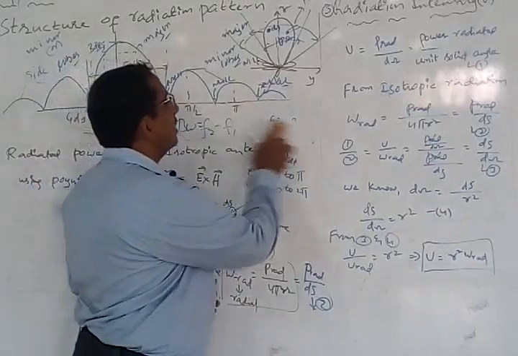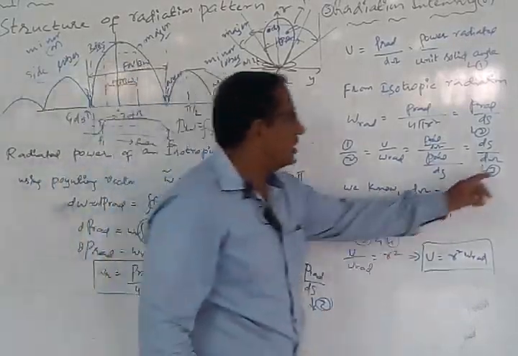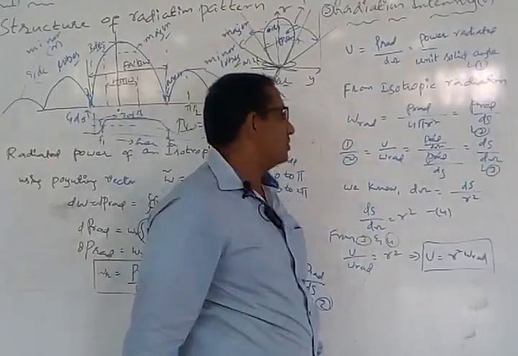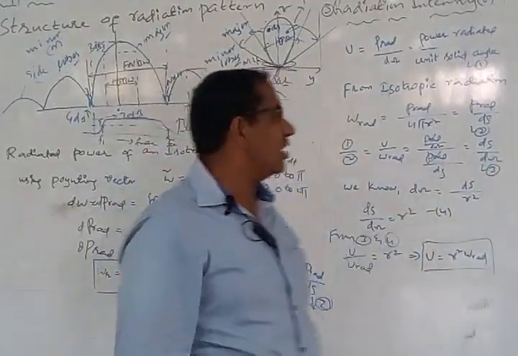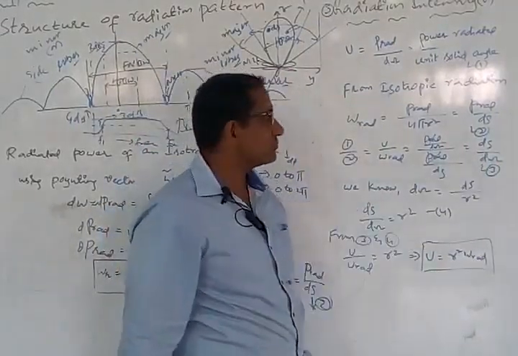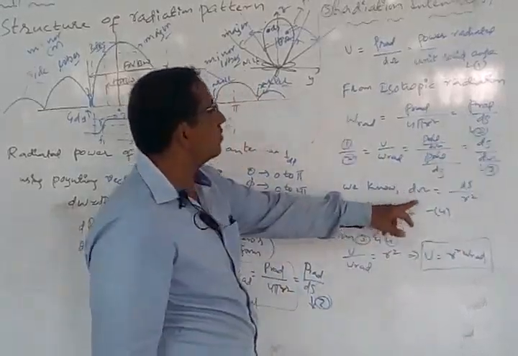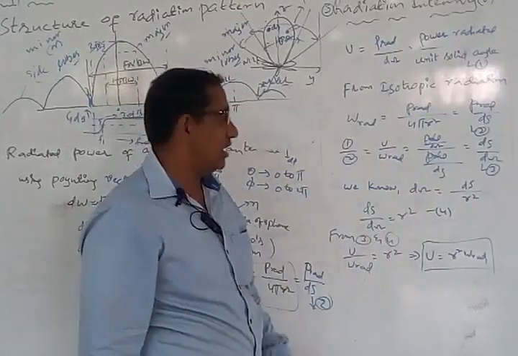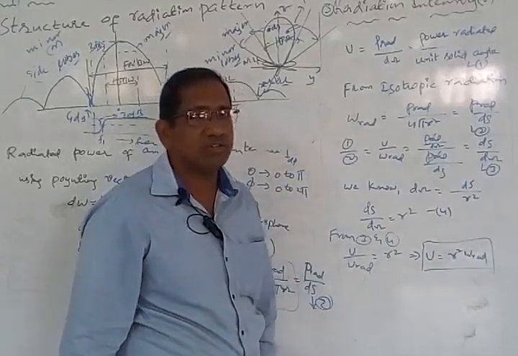Based on the application we represent either one of these two. This is the symbol of ohms, but when you use it in electromagnetic fields, we call it omega. So ds by d omega I can have. Now we know d omega, which is known as unit solid angle, is equal to ds by r square. We will derive this when we discuss the steradian.